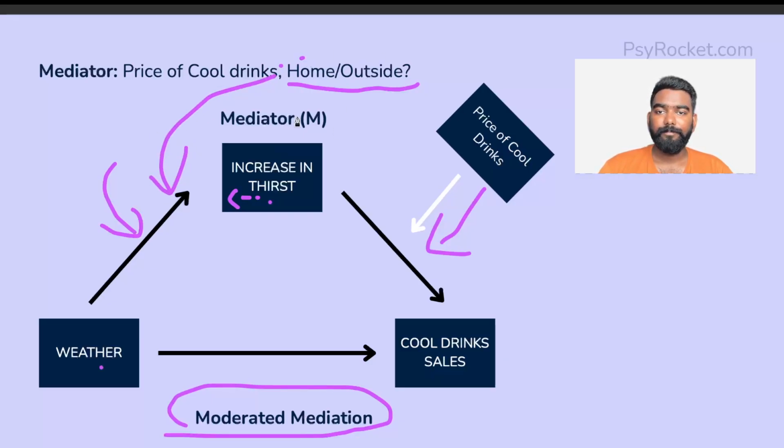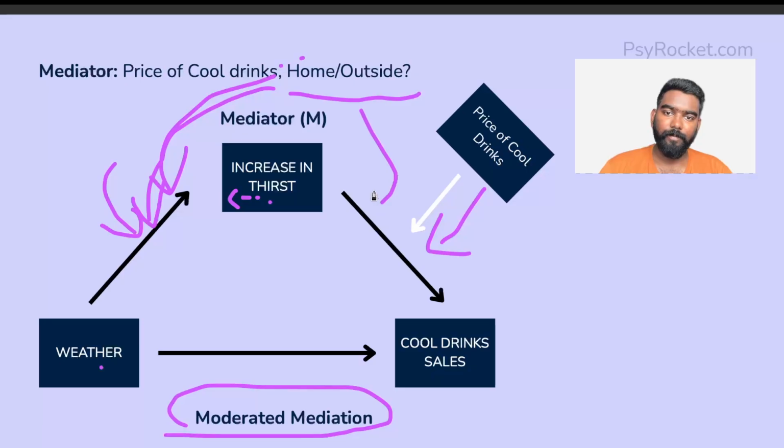Okay, so this is moderating this particular direction also. And tell me if it affects this particular direction also. Okay, there is an increase in thirst. Now whether you will purchase a cool drink or not will depend on whether you are staying inside home or outside.